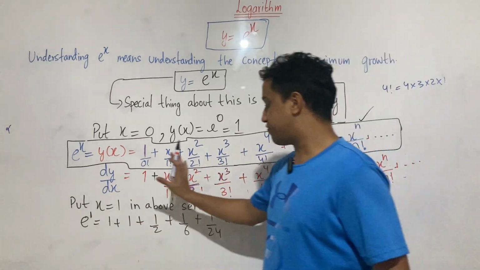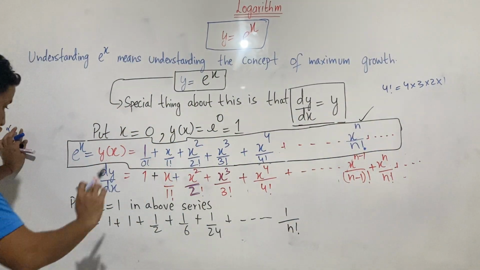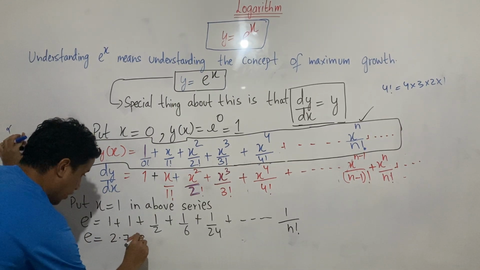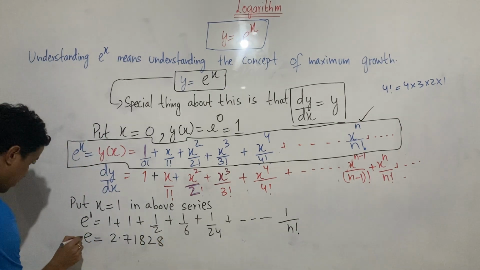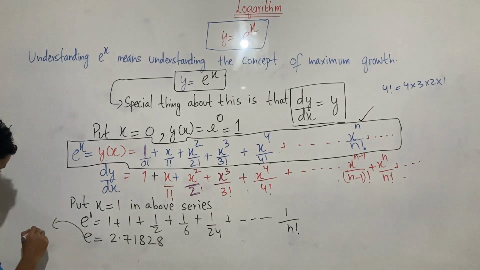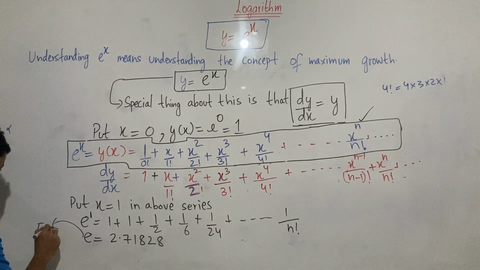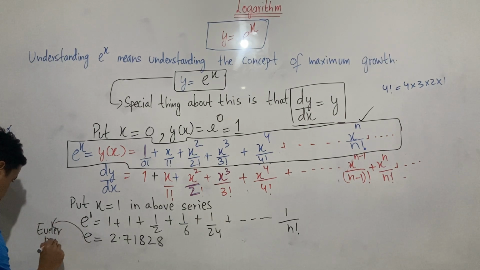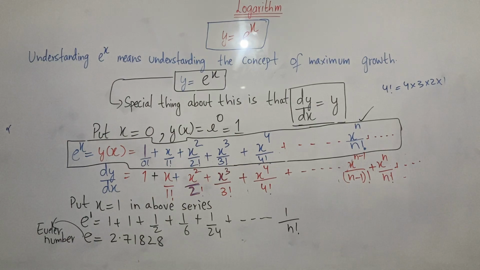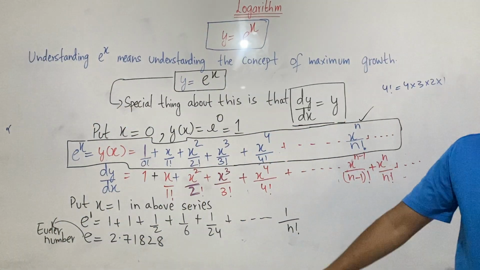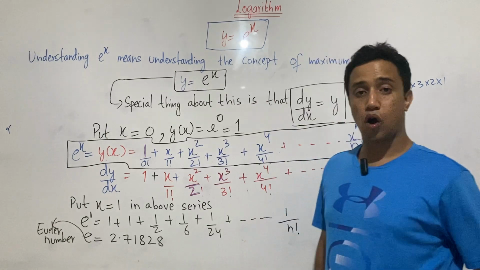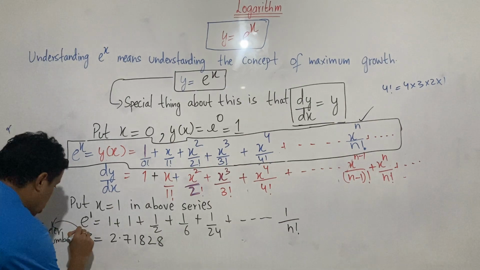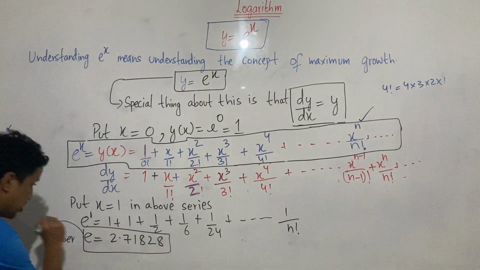If you do all the calculation, in the end you will get the value of e as 2.71828, and this is your Euler number. We also call it the e constant. Now see here, there is something about this number.